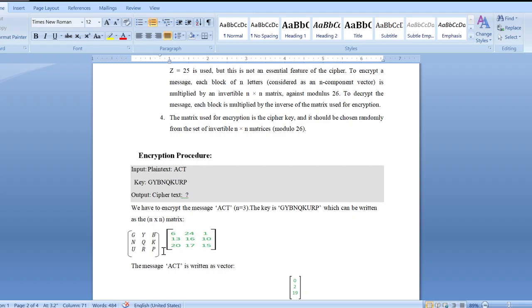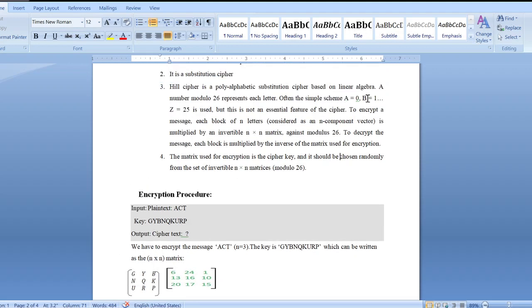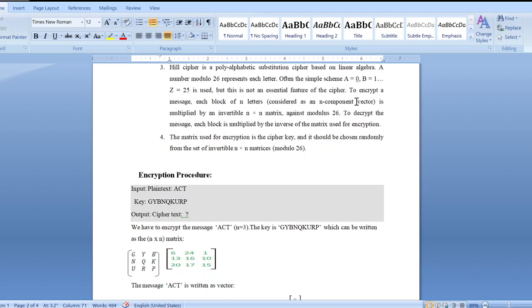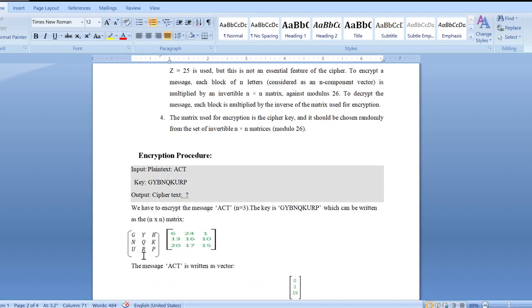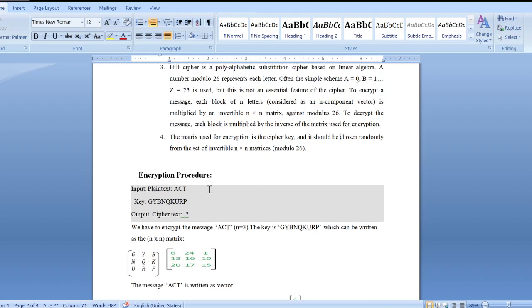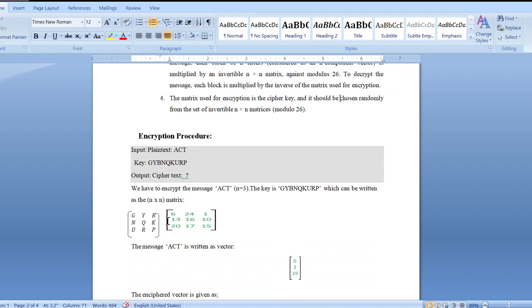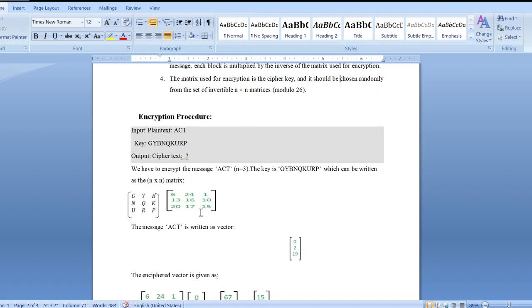Initially we need to write the corresponding numerical values of these characters. We use the schema A equal to 0, B equal to 1, up to Z equal to 25. According to this schema, the numerical value of G is 6, Y is 24, B is 1. In a similar way we write all the characters' numerical values, and we get an n by n matrix.